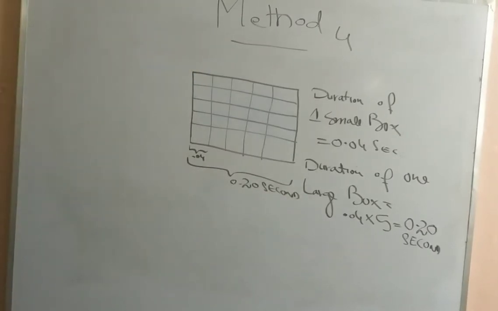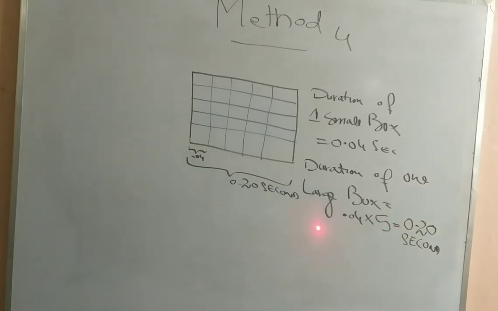Okay, good. So looking at here, duration of one small box is 0.04 second and duration of five small boxes, which is equal to one large box, is 0.04 into 5, 0.20 second. Okay, let me draw 5 large boxes together.